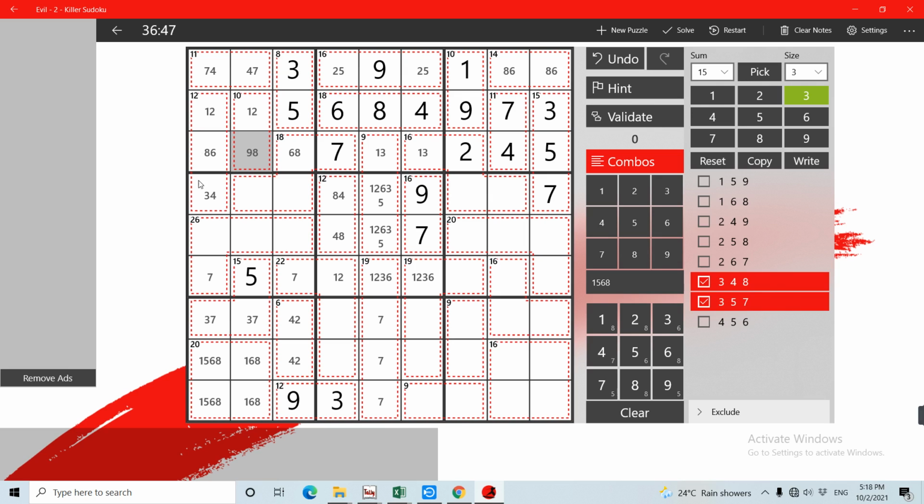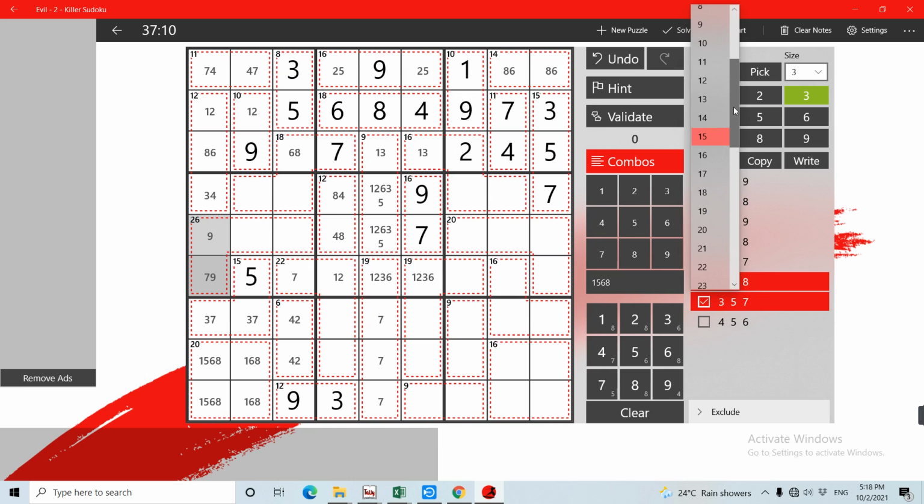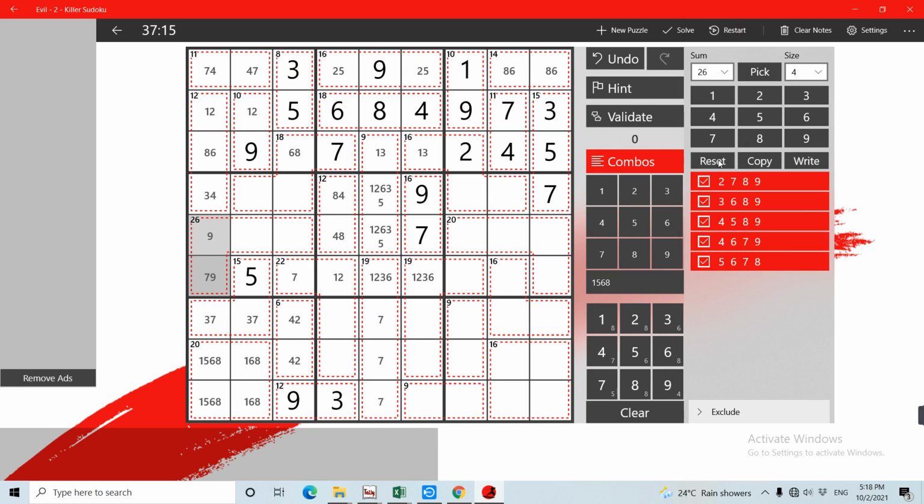Because 9 is not in there in this combination, so this is the only available spot for 9. With that, these two spots will have a 9. So 26, 26 with the size of 4, which has 4, 7 and 9.